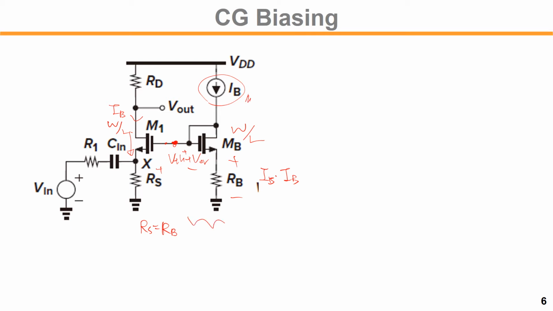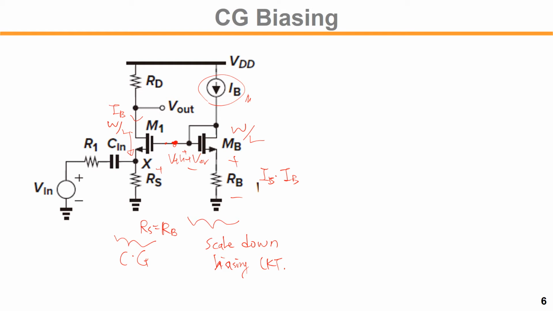If you want to reduce the current, in this case we want to bias the common gate amplifier shown on the left, but the current consumption of the biasing circuit is the same, so we may scale down the biasing network. How?